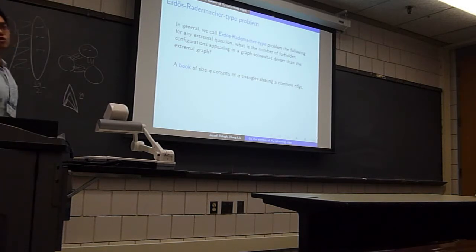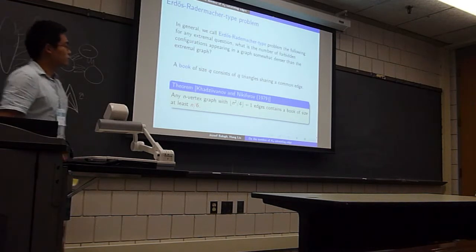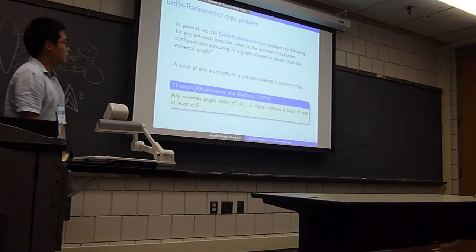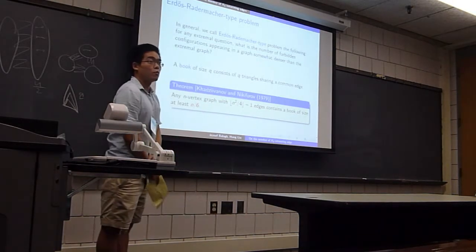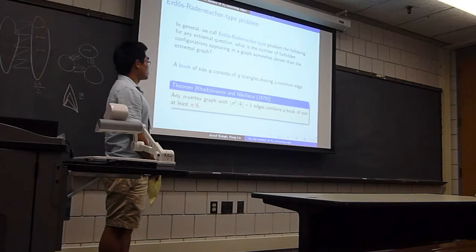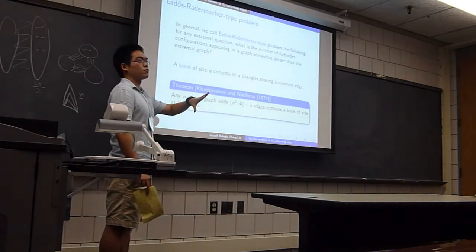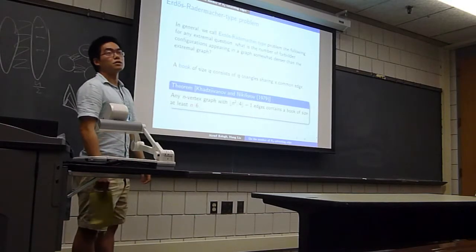It was also conjectured by Rademacher, and proved by Ivanov and Nikiforov in 1979, that when you have one more edge than n squared over 4, then all of a sudden the largest size of the book you can always guarantee in this family of graphs, namely graphs with this many edges, is n over 6.